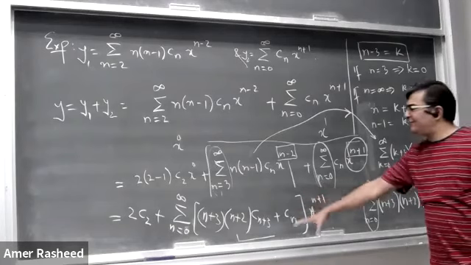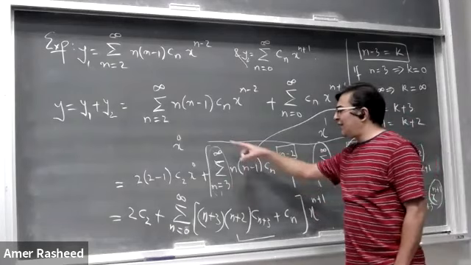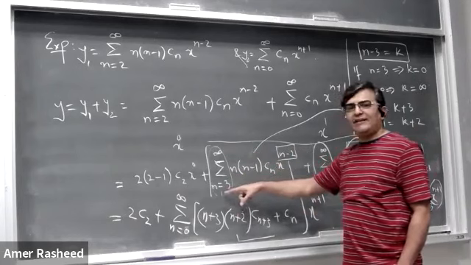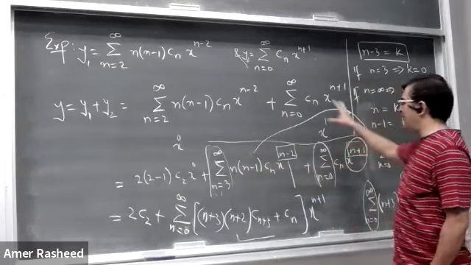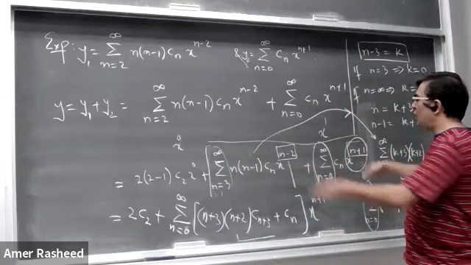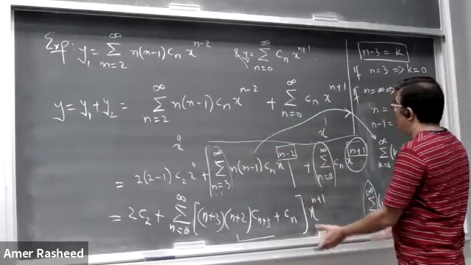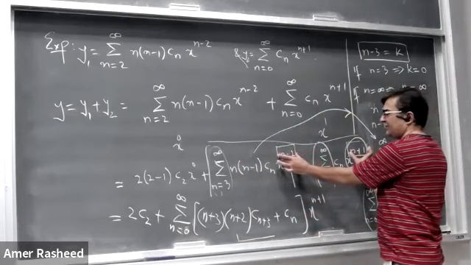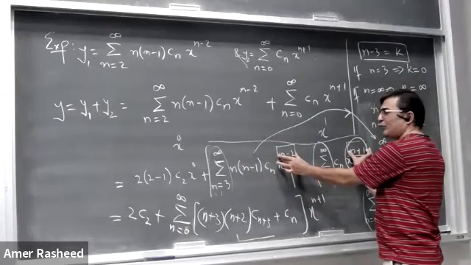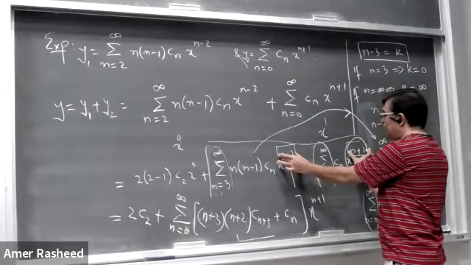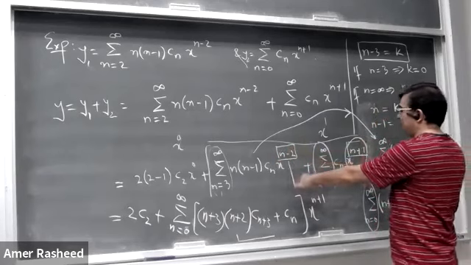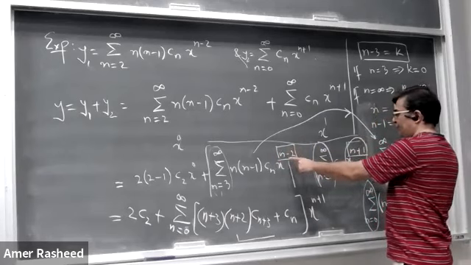This was the first method, that we can change the index of first series to make it identical to the second series, or we can make a substitution in both series, which comes from this exponent term, power term. We try to make substitutions of these power.